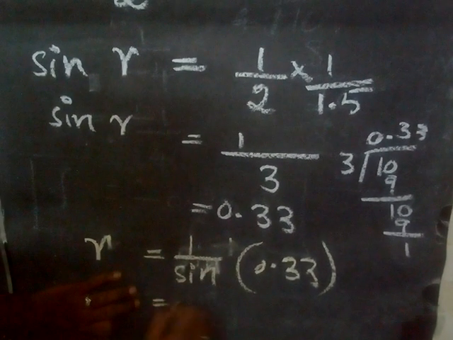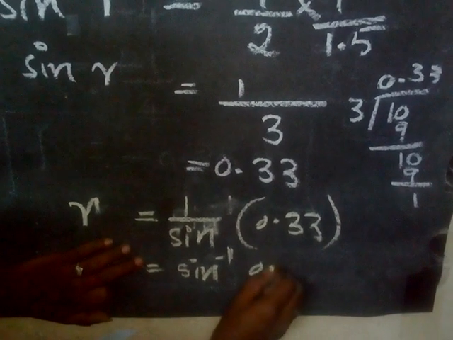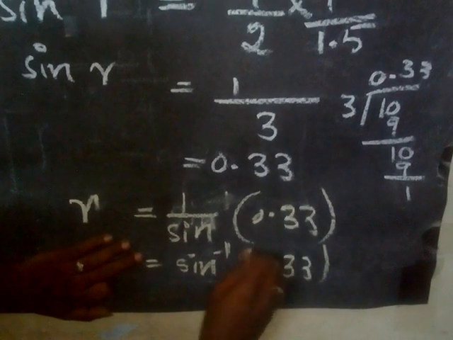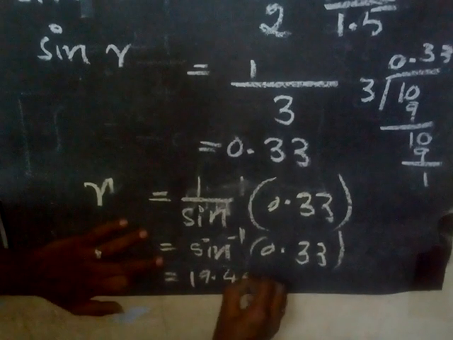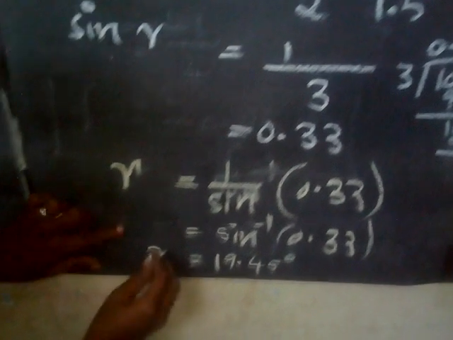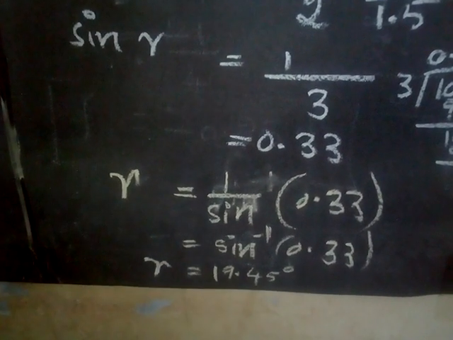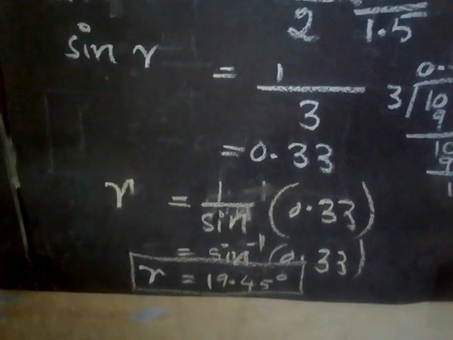The next step, sine inverse of 0.33, so the value is 19.45 degree. So the angle of refraction R is equal to 19.45 degree.